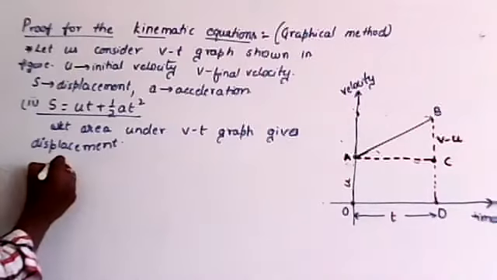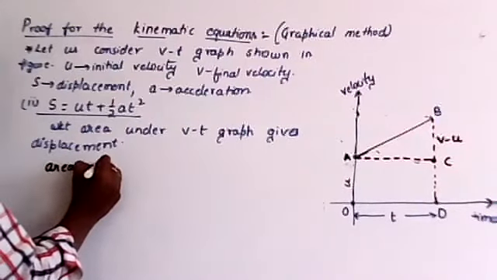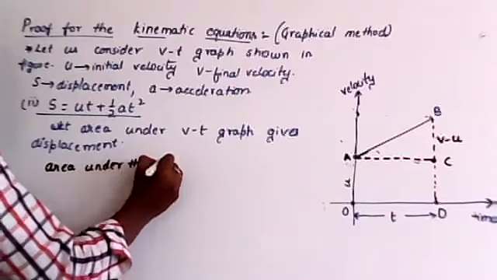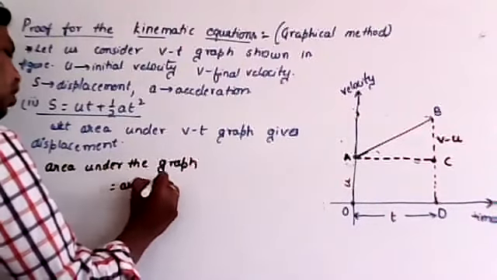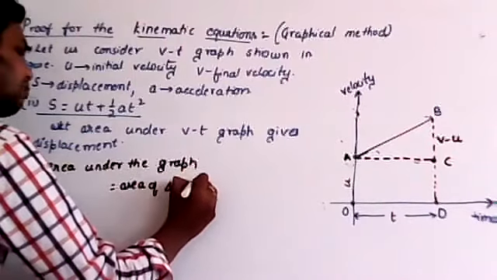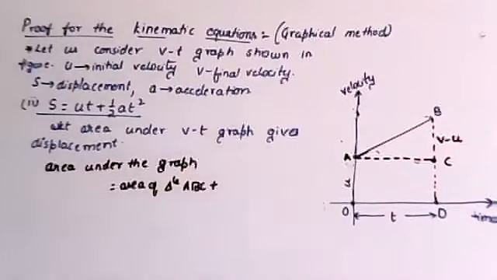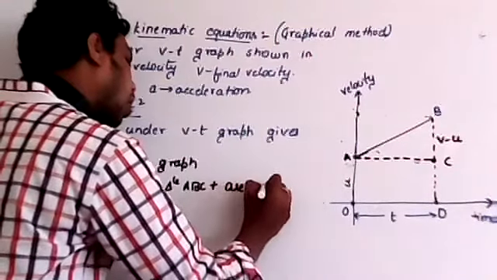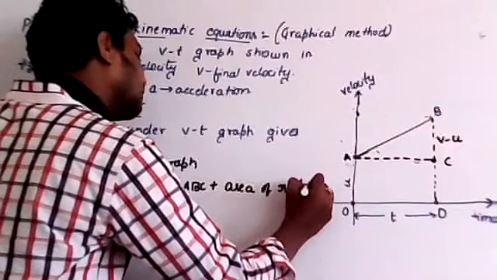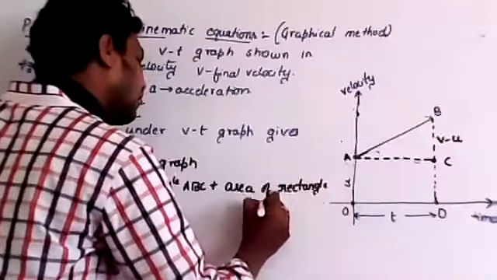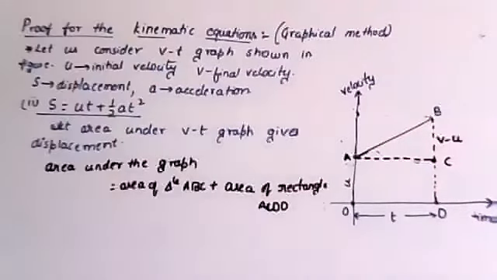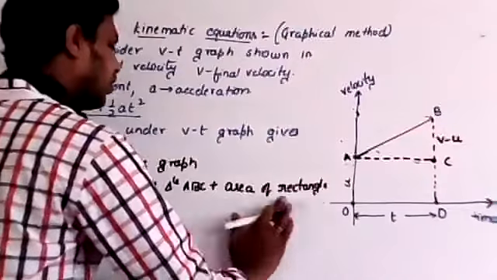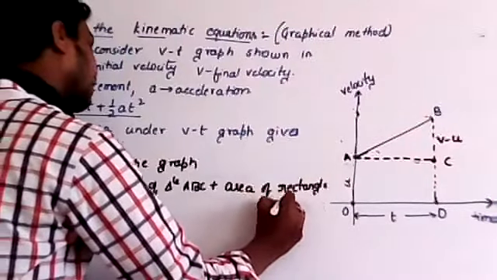Now remember, the area under the graph is equal to how much? Means the area of triangle ABC plus the area of rectangle OADC.